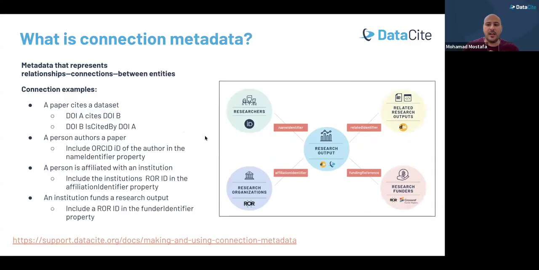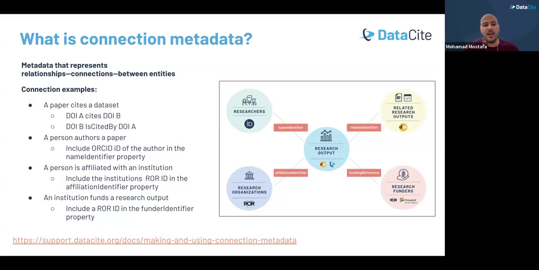As I highlighted, the pathway our members currently use to connect research software to the scholarly record is through connection metadata. This is the metadata that represents relationships and connections between various entities.